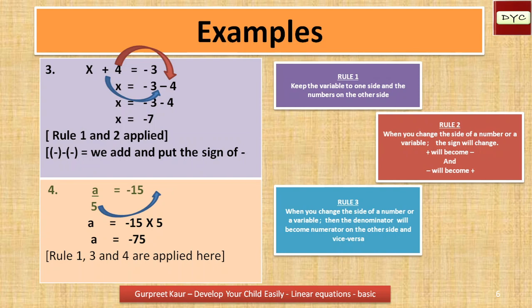How? Rule number 3, first of all, denominator has become numerator. Rule number 4, division will become multiplication. So that is why in the first case 5 is divided. When it has moved to the other side, it has been multiplied. So my answer becomes A is equal to minus 75. So all the rules 1, 3 and 4 are applied here.